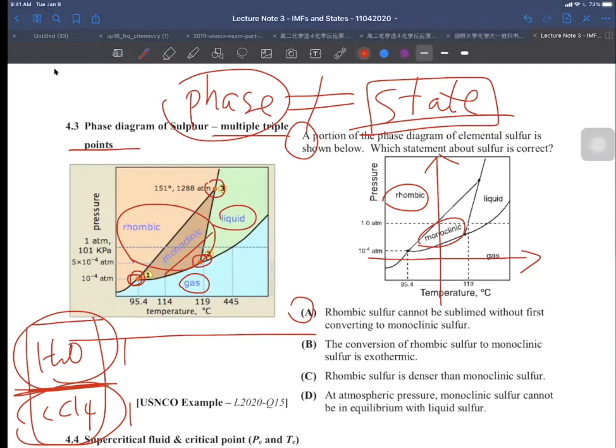But at 1 atm, the monoclinic one cannot sublimate as well, right? There's no way for it to skip the liquid. So it didn't mention the pressure here, although by default, we talk about 1 atm. But here, I think we need to argue the pressure is not necessarily 1 atm. So this is why option A is incorrect.